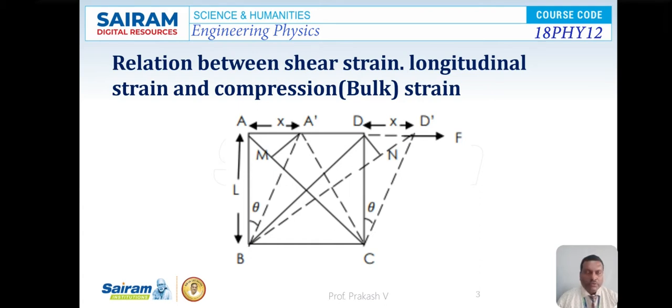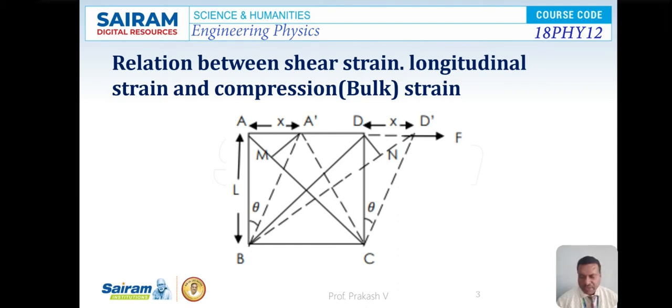Now I will give you the details about it. Consider a cube whose lower face is fixed to a rigid support ABCD. Let ABCD be one of its faces with the side BC along the fixed support. When a deforming force is applied to its upper face along AD, it causes relative displacement at different parts of the cube, so that A moves to A dash and D moves to D dash.